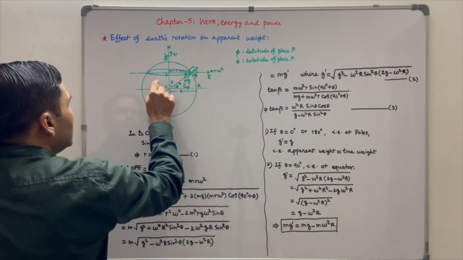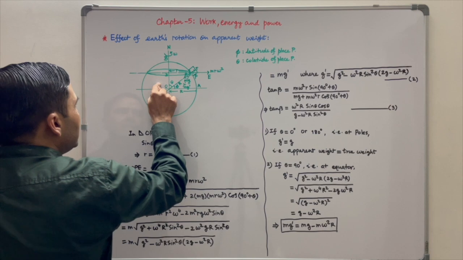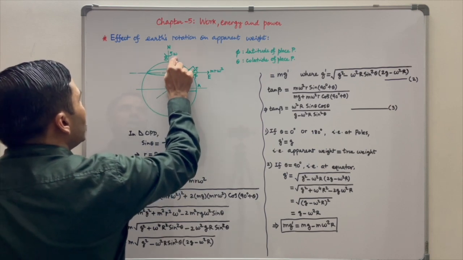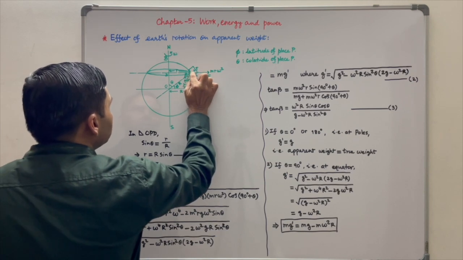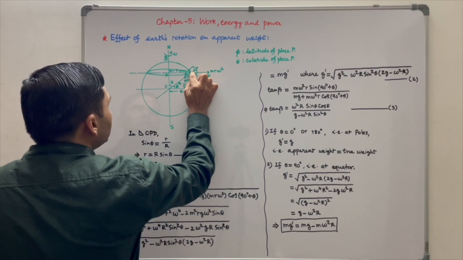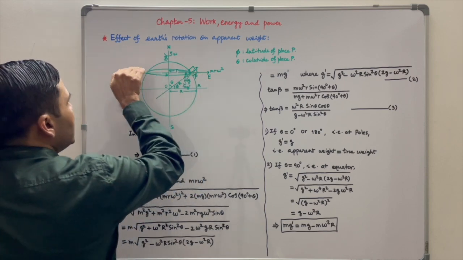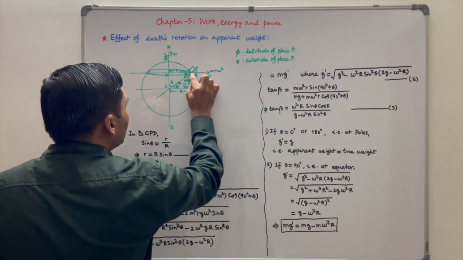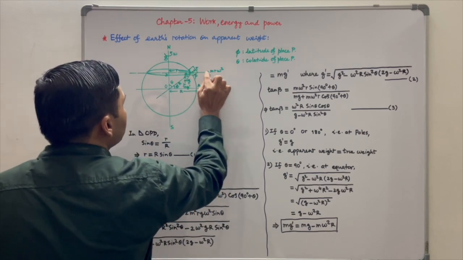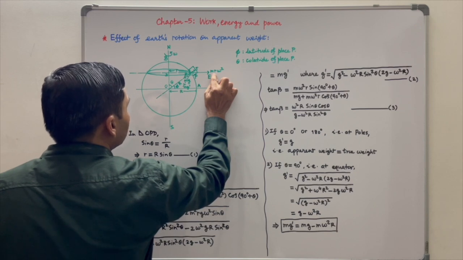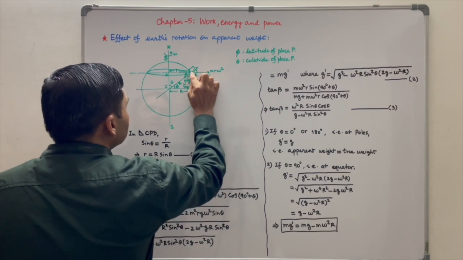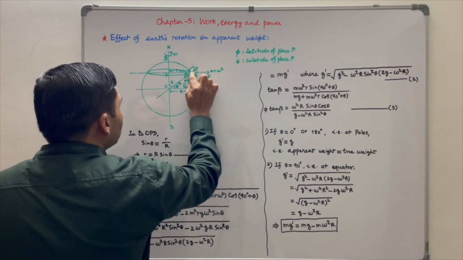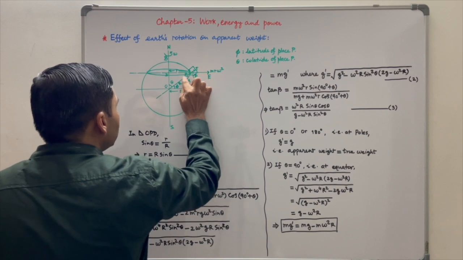If we see from Earth's reference frame, which itself is rotating with constant angular speed omega, Bob is in a state of equilibrium. That means we can assume there is a pseudo force working on the bob which is radially outwards. This pseudo force is centrifugal force. Its magnitude is mr omega square. The other two forces working on the bob are tension in the string, that is T, and weight of the bob, that is working towards the center of the earth.